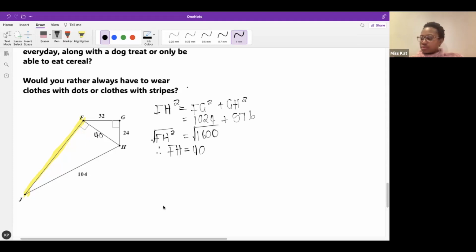So now we can figure out JF. JF will be FH plus JH squared. Okay, wait, 1600. What's wrong with the sum I just wrote down? Remember, it's the two shorter sides equals the longer side. Which one is the longer side here?